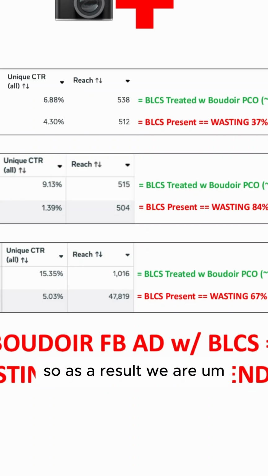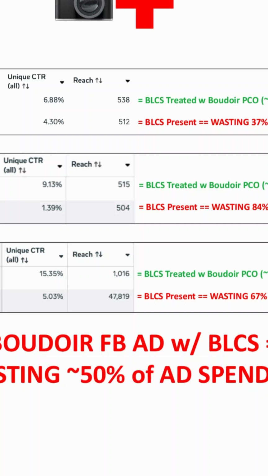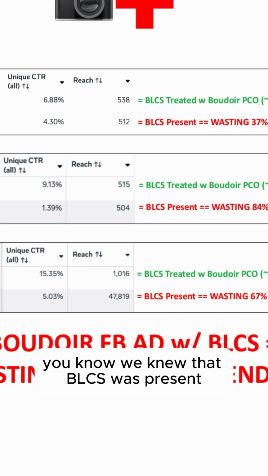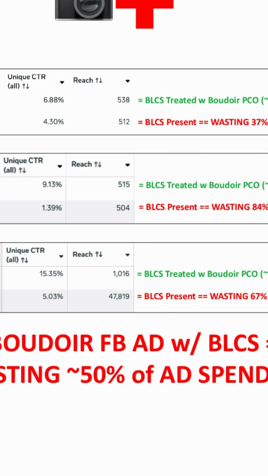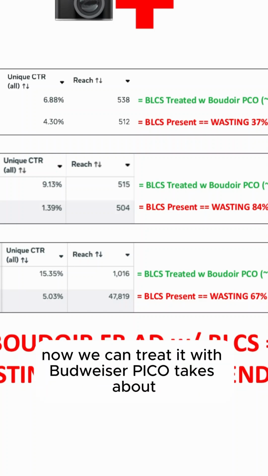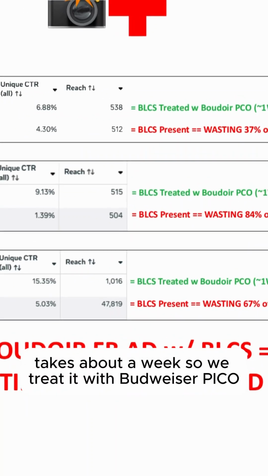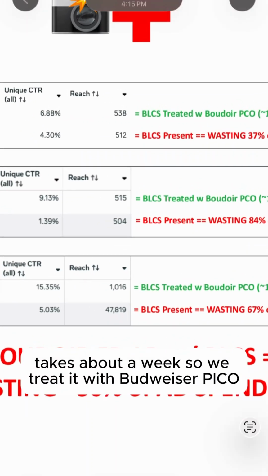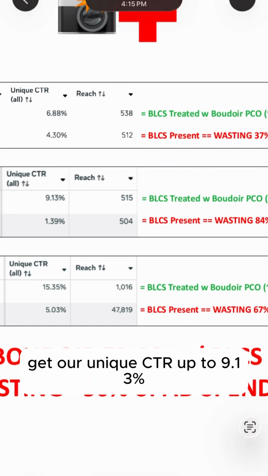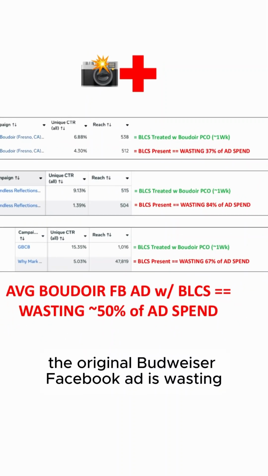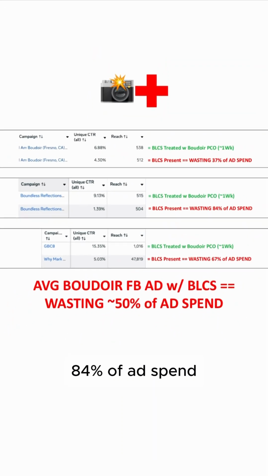So we knew that BLCS was present, and now we can treat it with Boudoir Pico. It takes about a week. So we treat it with Boudoir Pico and get our unique CTR up to 9.13%. And we found out the original Boudoir Facebook ad is wasting 84% of ad spend.